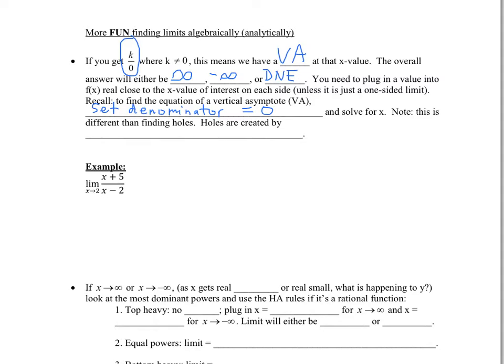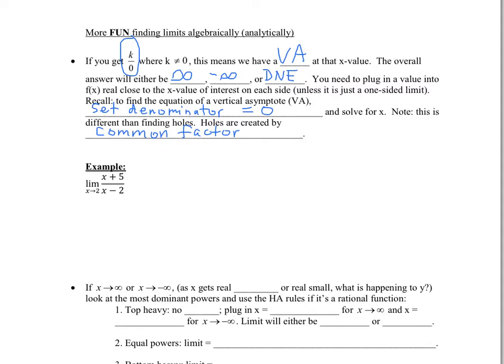Now note that this is different than finding holes. Holes are created by common factors. When we have a common factor in a problem, that's when we know there's a hole. But if we're looking to find the location of a vertical asymptote, we're going to set the denominator equal to 0 and solve for x.